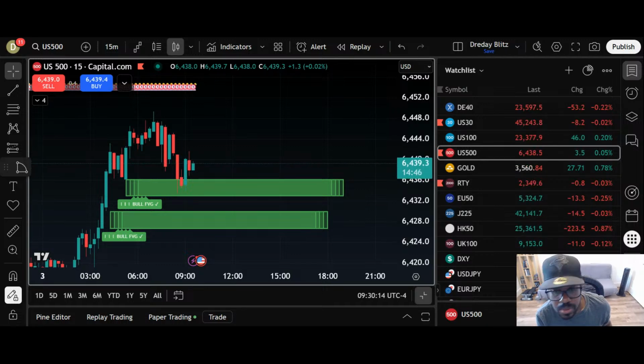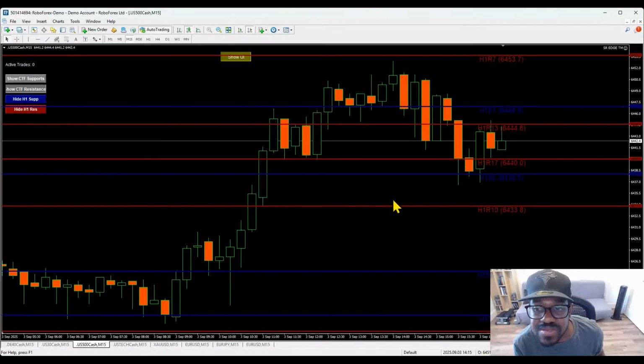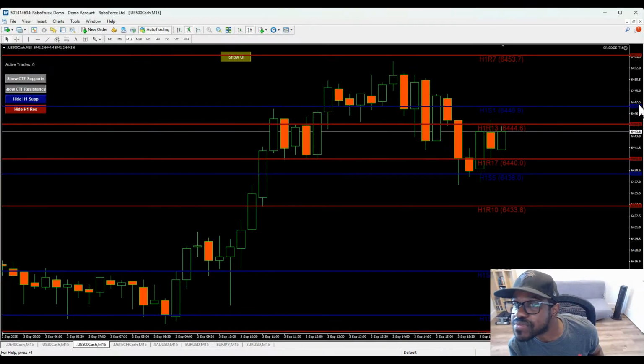All right, so now let's go on the MT4 for support and resistance and see levels for bullish movement.